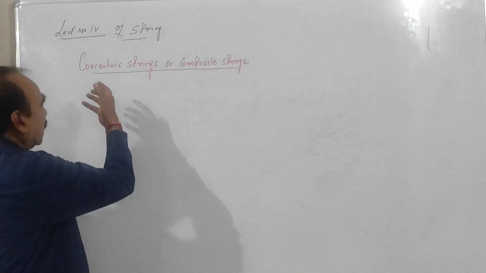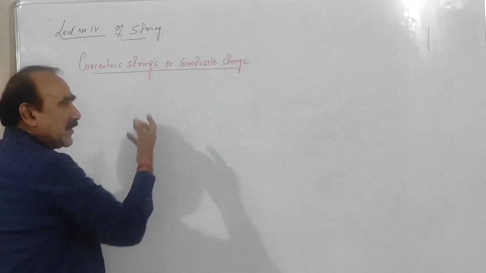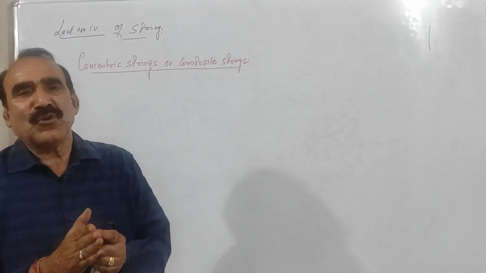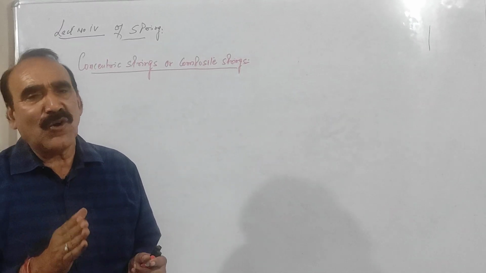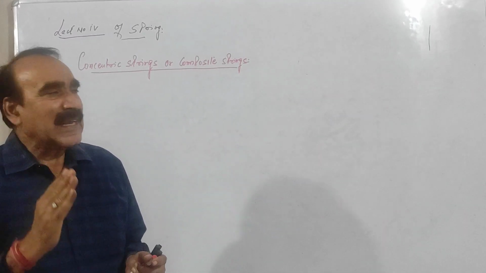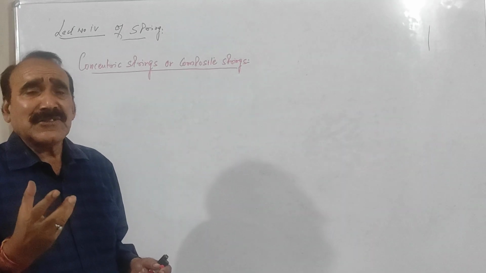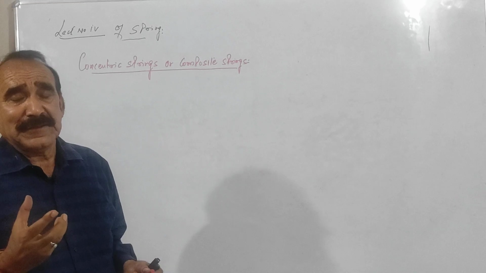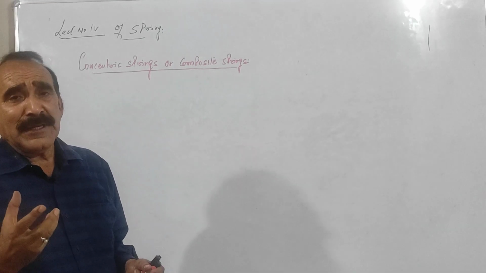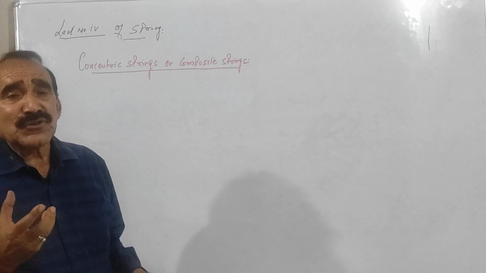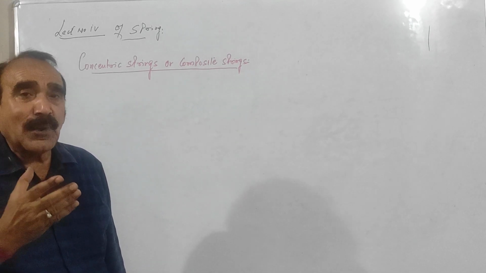So concentric springs और composite springs क्या है? ये 2 या 3 springs होते हैं जिनका जो आपका एक्सिस होगा वो क्या होगा? सेम होगा, सेम कंसेंट्रिक एक्सिस होगा उनका, और 2 या 3 स्प्रिंग होंगे जिनकी फ्री लेंथ जो है इक्वल होगी, और जब हम उसे कंप्रेस करेंगे तो उसकी कंप्रेशन वो कंप्रेस इक्वली होगा.